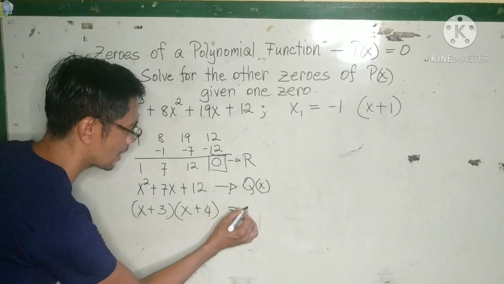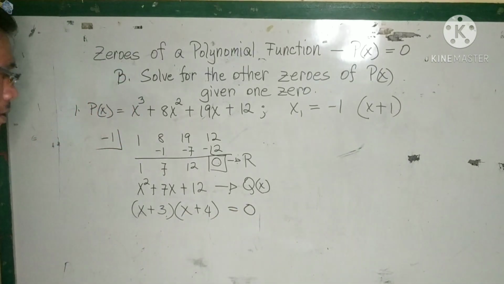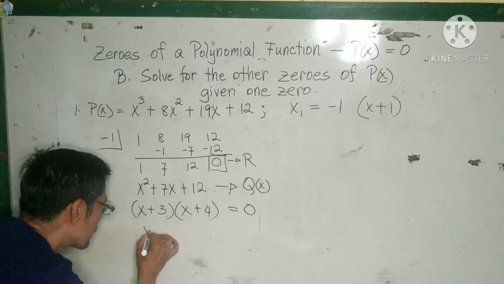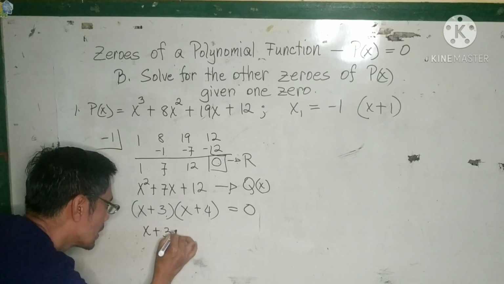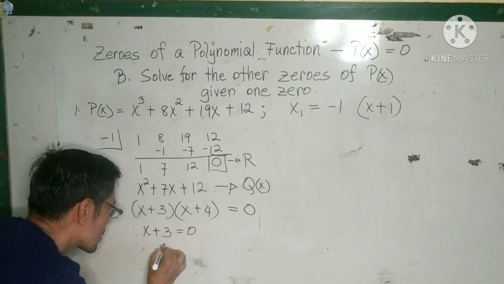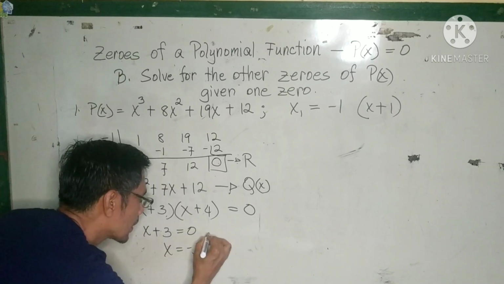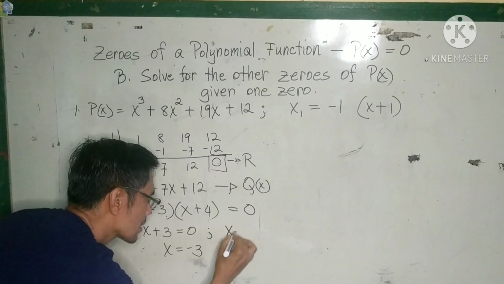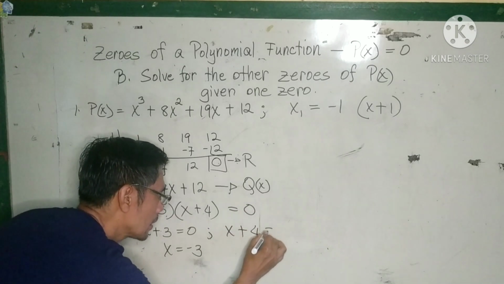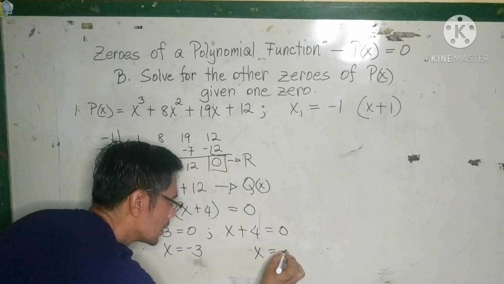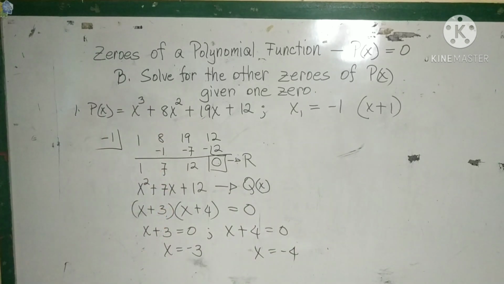So we will simply equate each to 0. Solving for x from each of the factors, we have x plus 3 equals 0, so x is equal to negative 3. Then x plus 4 equals 0, so x is equal to negative 4.